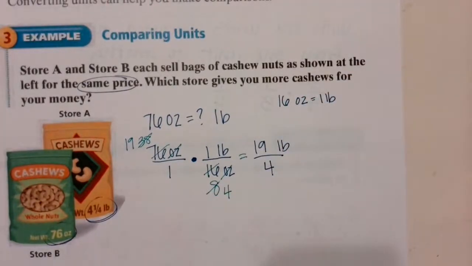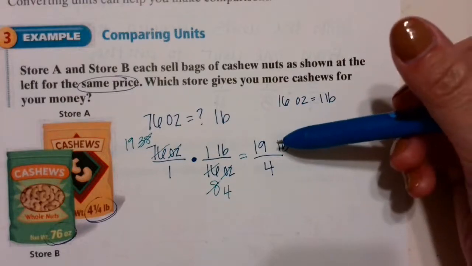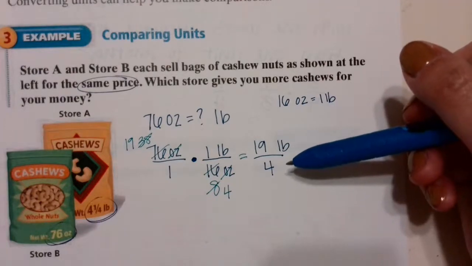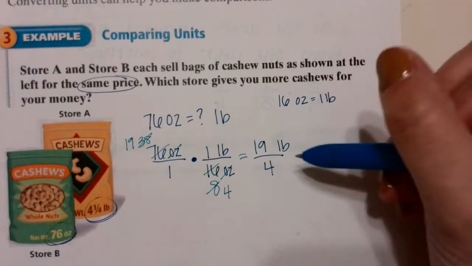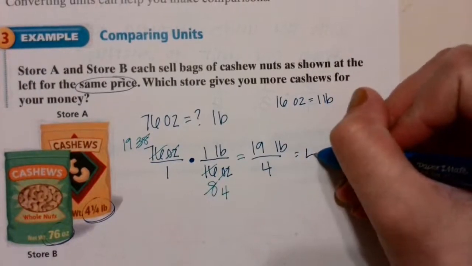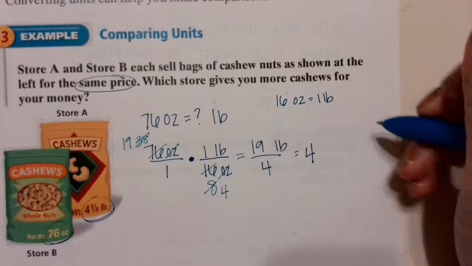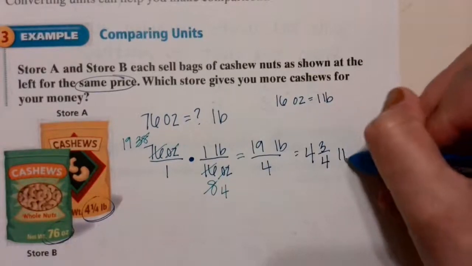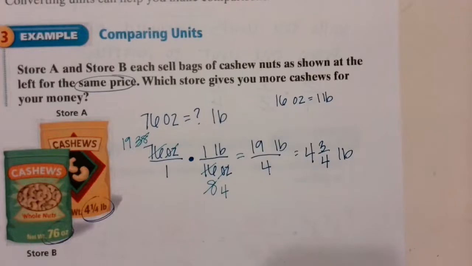So 19 fourths, which I know is not a mixed number yet, so we need to convert that. If I take 19 divided by 4, that is 4, because it goes in 4 times, to 16, with 3 left over, so 4 3/4 of a pound, which is larger than the 4 1/4 of a pound.